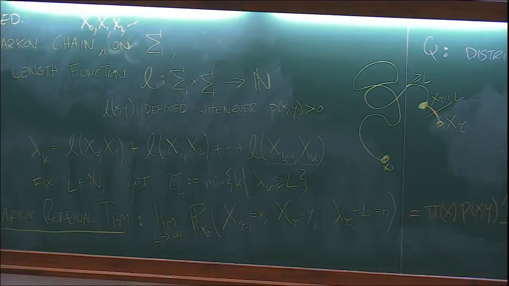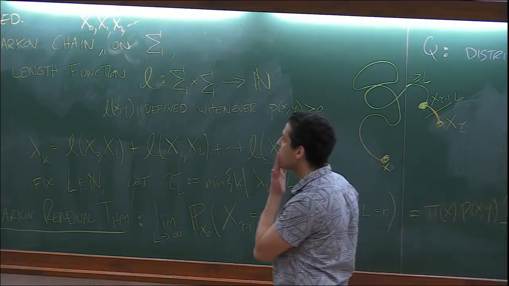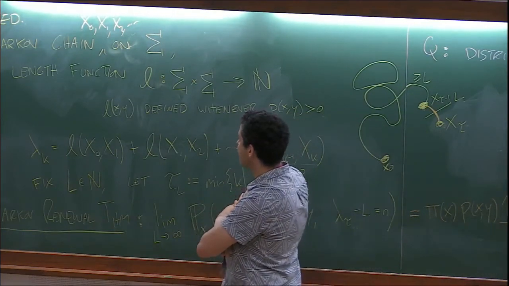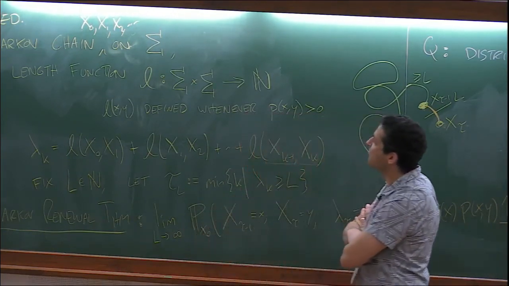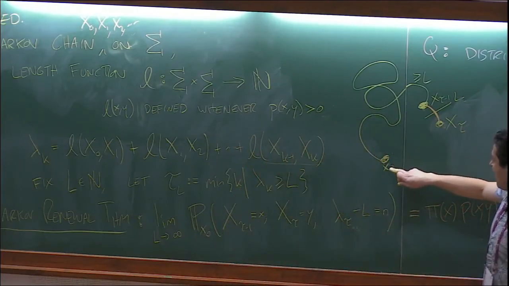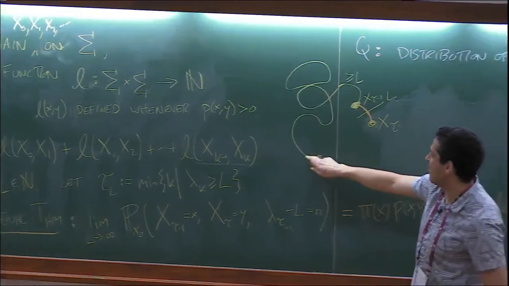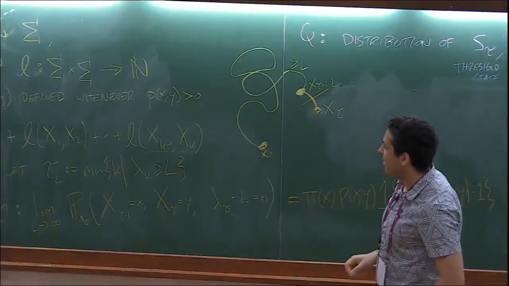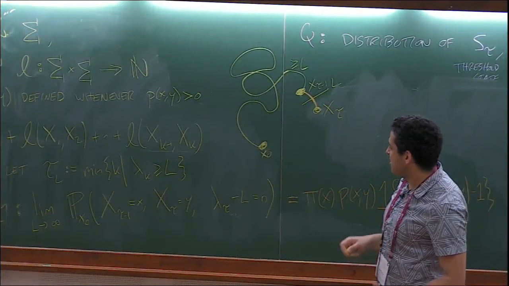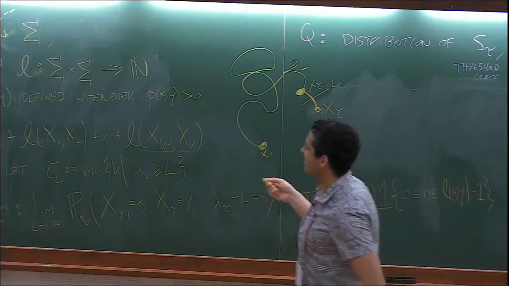So you don't want the following situation to happen, that no matter how, so I consider all cycles that start at x0 and return to x0 and look at the total length of all the cycles. You need the GCD of those lengths to be 1. So that's kind of the aperiodicity condition.